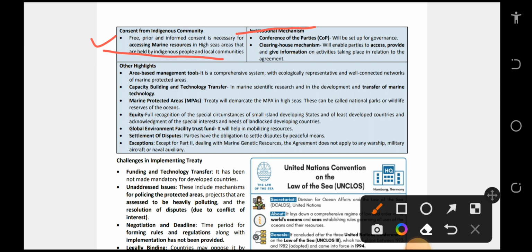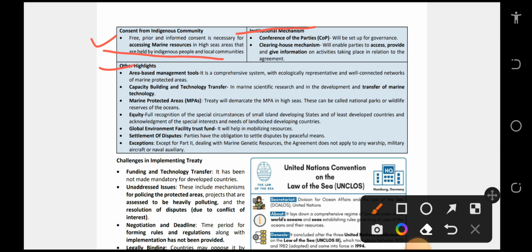Institutional mechanism: a conference of the parties will be set up for governance. A clearing house mechanism will enable parties to access, provide, and give information on activities taking place in relation to the agreement.